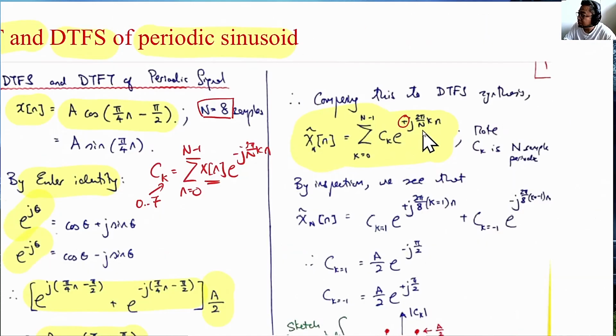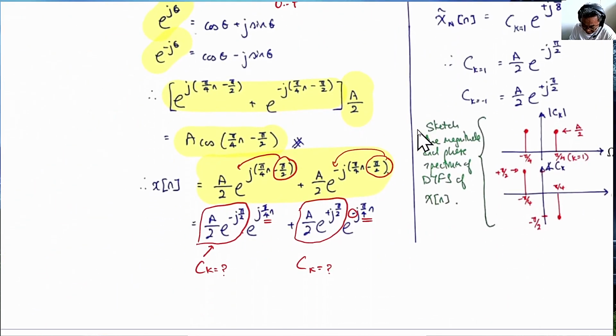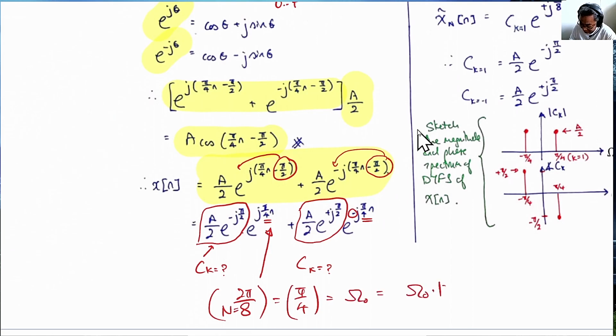Now we have to find out which k it is. Let's examine the positive frequencies. Remember that the number of samples is 8, so N is equal to 8. So this is pi over 4. So in fact, if this is the fundamental frequency, omega naught, therefore omega naught times k equals 1 is the c_k. So this particular k is actually c_1.